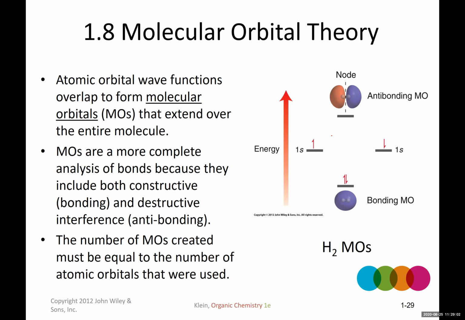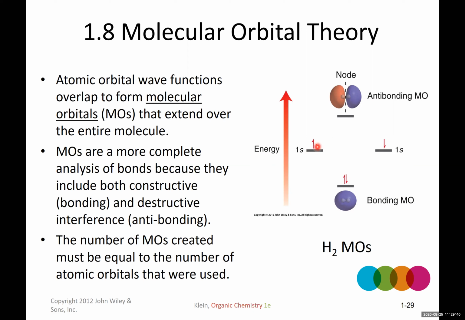Look at two hydrogen atoms over here. Each hydrogen atom has a 1s electron in an s orbital. When those two orbitals interact, they can either reinforce, resulting in a bonding molecular orbital, or they can cancel. There's interference, they're out of phase, and that results in what we call an anti-bonding molecular orbital. You notice in the anti-bonding orbital, which is out of phase, there's no electron density between the nuclei. There's no bond.